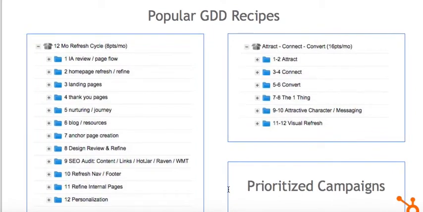Now, Lean Labs has some recipes for how we go about growth-driven design when there's not a specific prioritized campaign to be working on. We can talk through these recipes at another time, but in the interest of keeping this video at about 5 minutes, I don't want to go into that now.